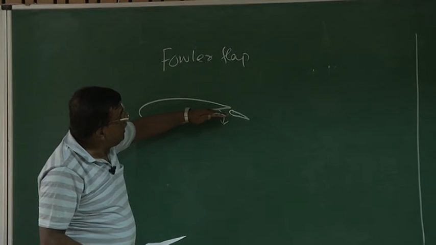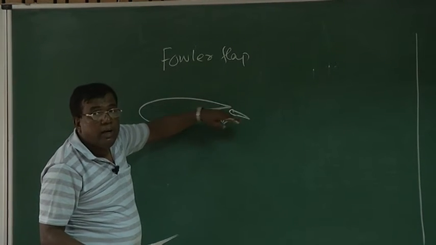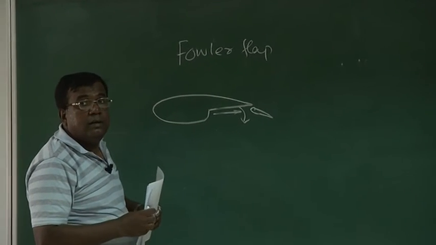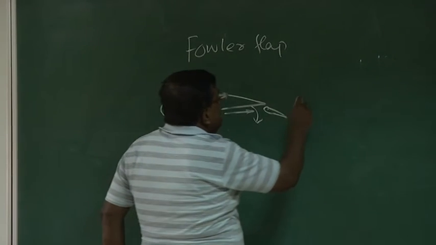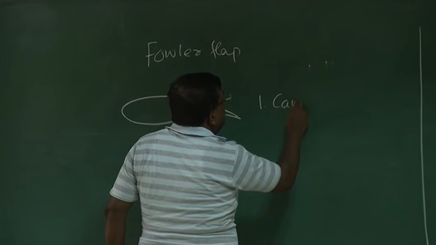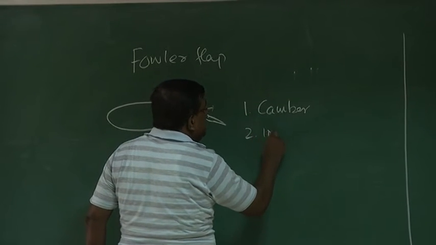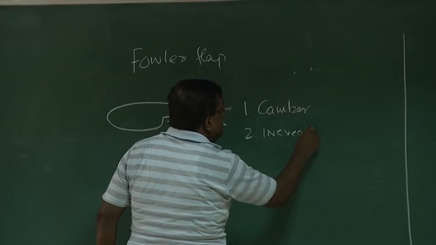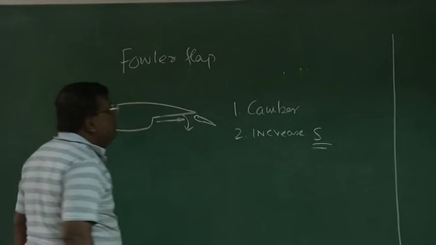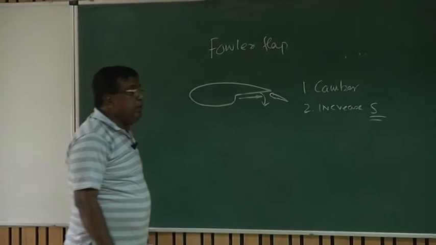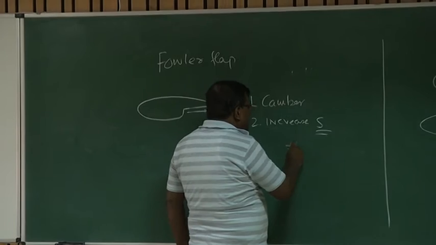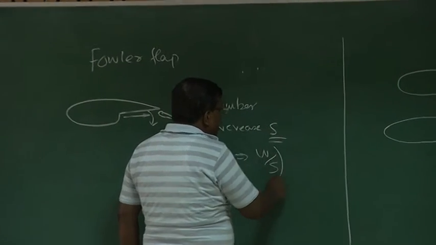It is moving backward and doing like this. So what has happened in the process? It has increased camber. Also it has increased the area of the wing. And the area of the wing increasing means it has locally reduced wing loading.